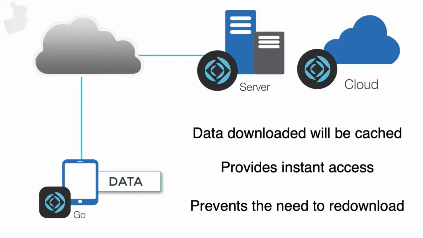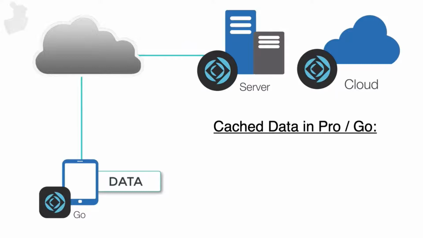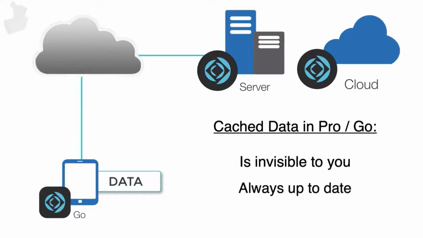So caching the data locally is great as long as the data is up to date. And FileMaker Go and FileMaker Pro both make sure that any cached data locally on the device, A, it's invisible to you, but B, it's always up to date. So it's not something you have to worry about. It's just a very important benefit or feature of the product that makes it run much faster.